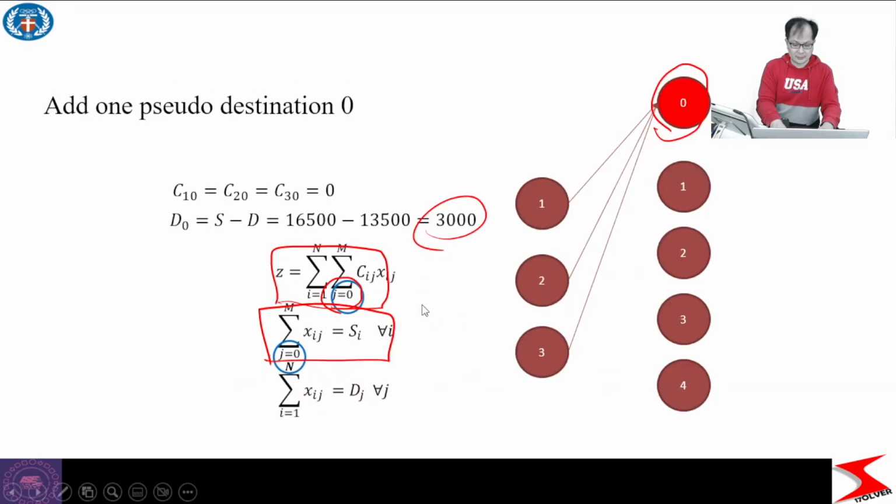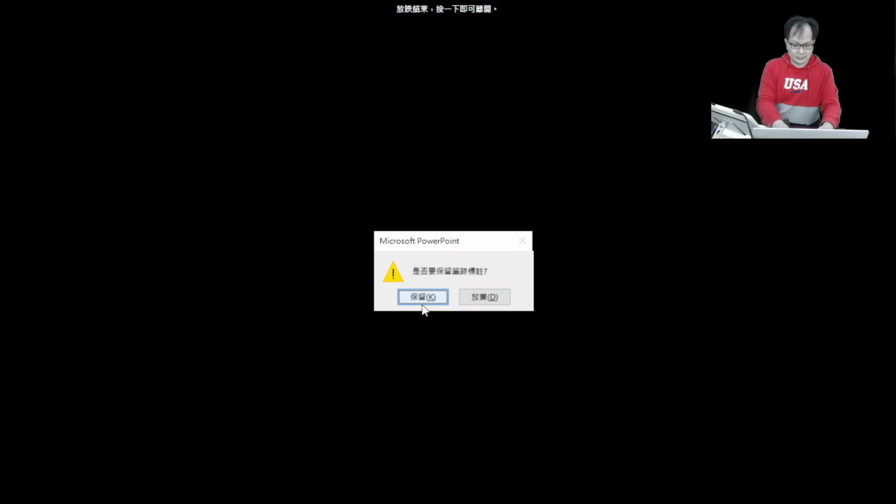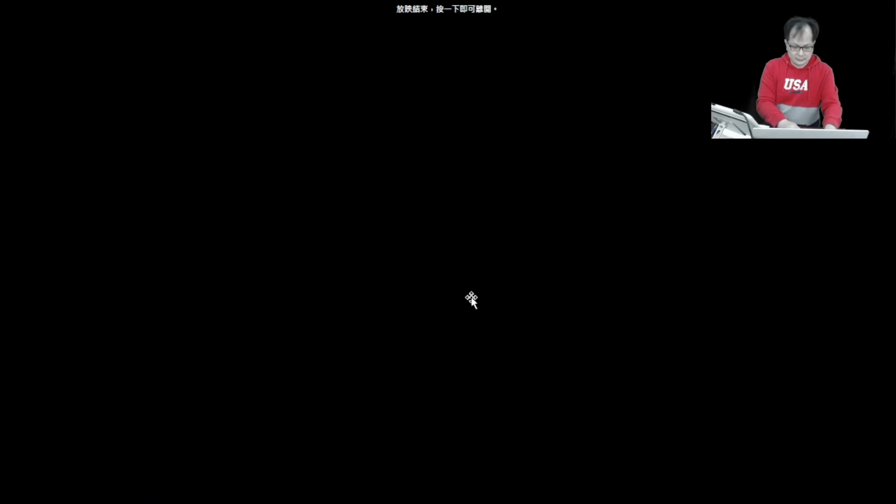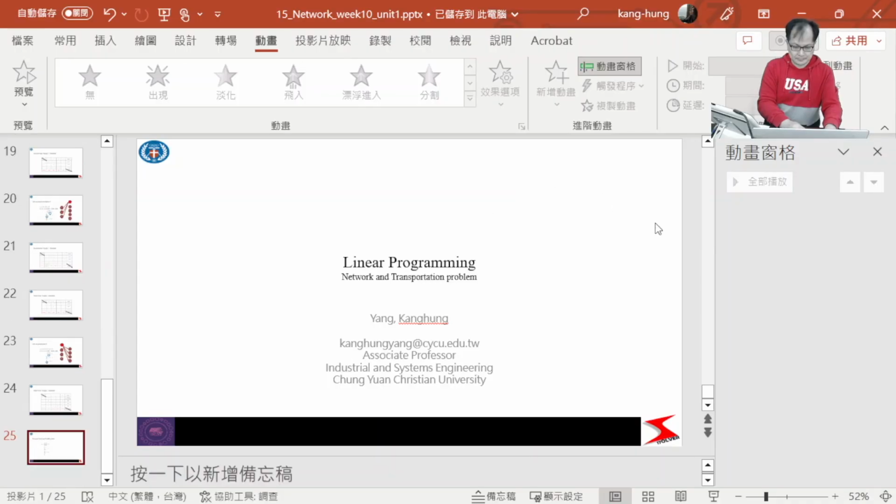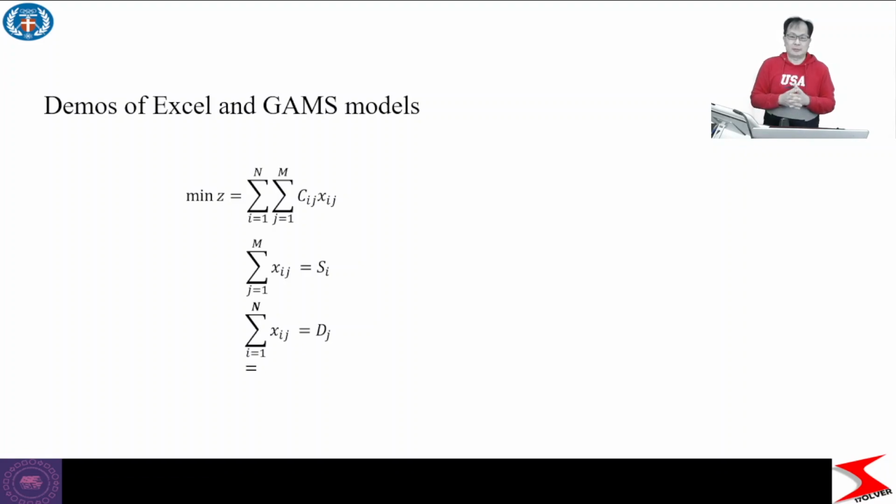Okay, so in this lesson, I talked about the network basics, and you know the symbols and how to use the abstract symbols to represent the network. And then I talked about some categories and applications belonging to network flow.